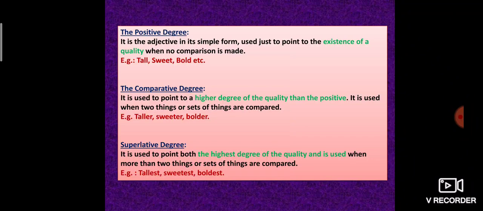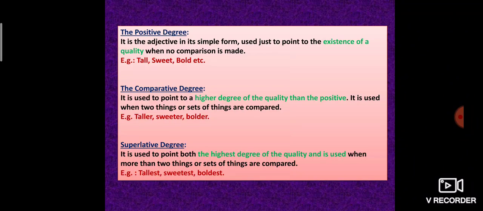Listen to my third example carefully, my dear students. Govind's mango is the sweetest of all. In this third example, the adjective sweetest tells us that among all of these mangoes, Govind's mango has the greatest amount, the highest degree, of the quality of sweetness.